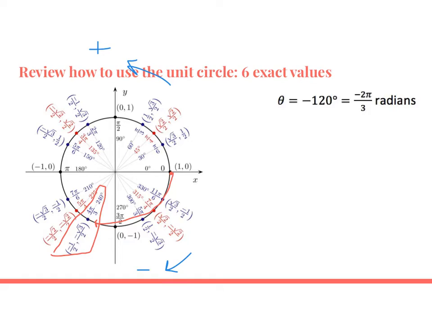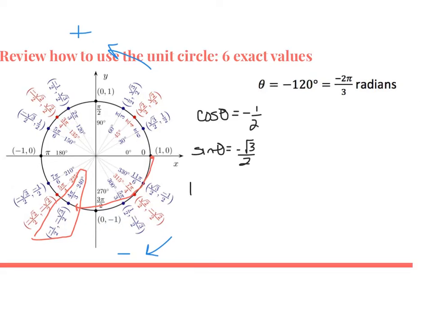Cosine is your x value. Sine is your y value. Tangent is y divided by x.